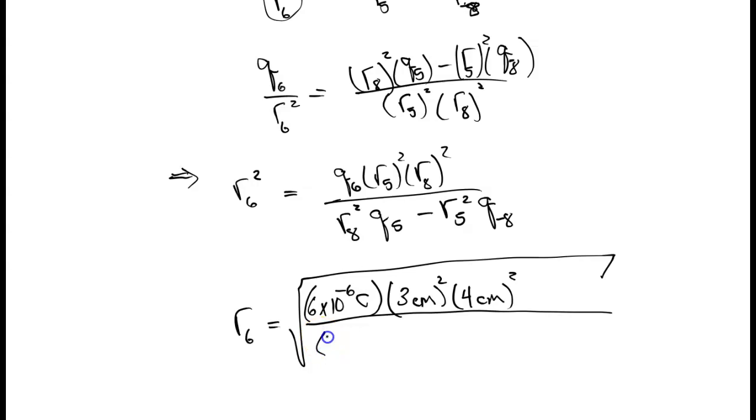So this is divided by 4 centimeters squared times 5 times 10 to the minus 6 coulomb, minus 3 centimeters squared times negative 8 times 10 to the negative 6 coulombs.